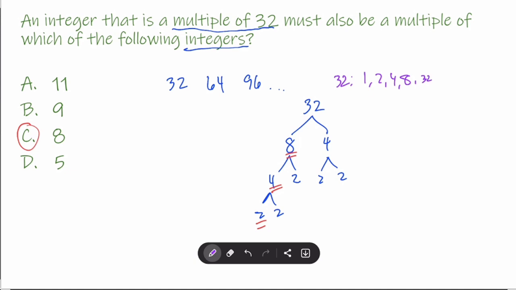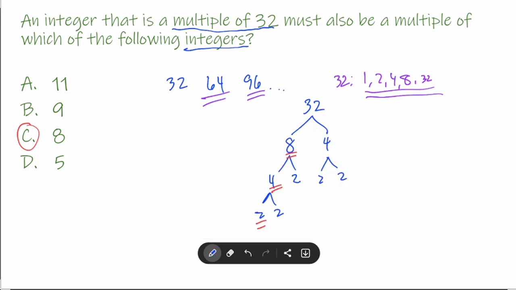So all these factors of 32 can divide the 32: the 1, 2, 4, 8, and 32. So if it's a factor of 32, it must also have the multiples of 32, which are 64 and 96.